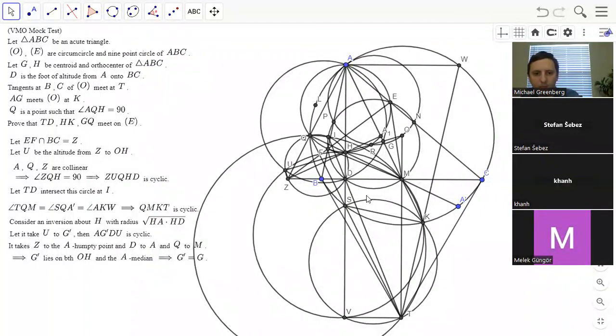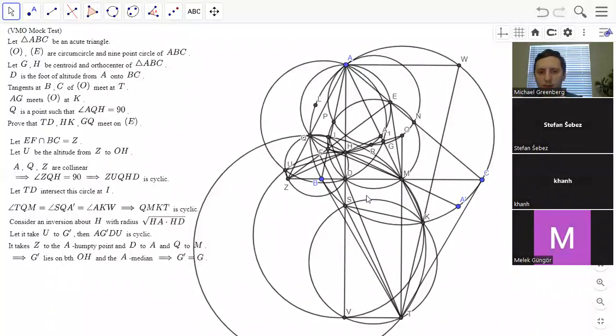I think we should focus on proving that Q, H, I, and ID intersect on EF. Okay, so showing they're concurrent. And by Reim's theorem, if we knew that, then we would know that I lies on that big circle QMK. Yeah.